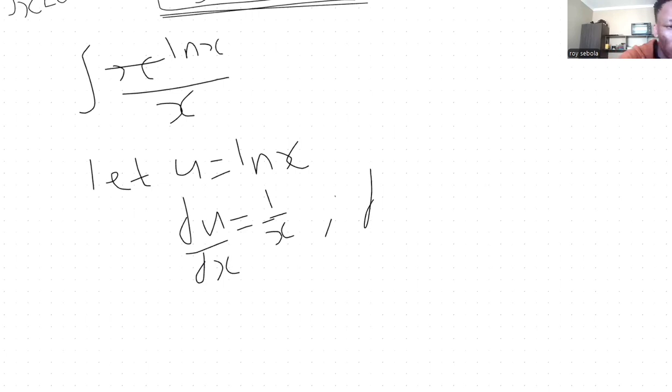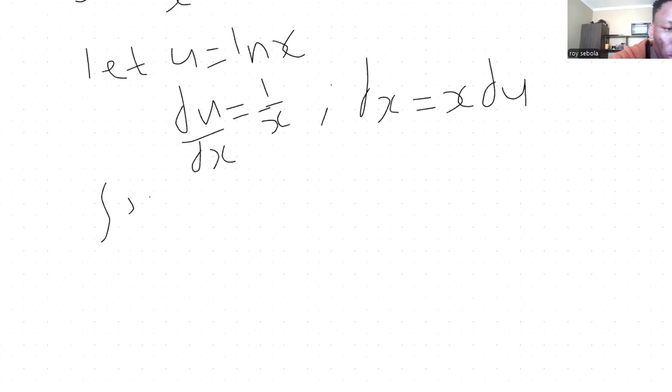Then we say the integral of pi. Remember, we said ln x, let it be u, so it will be pi to the exponent u, du all over x. Then x, and we have our x du.